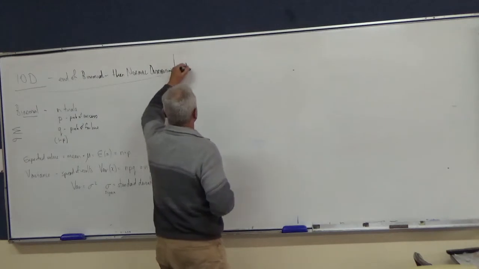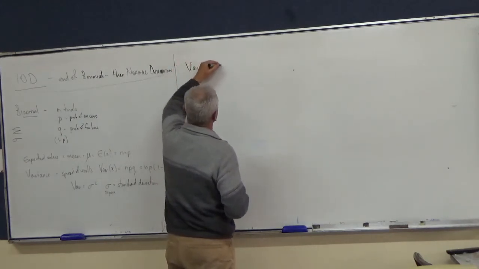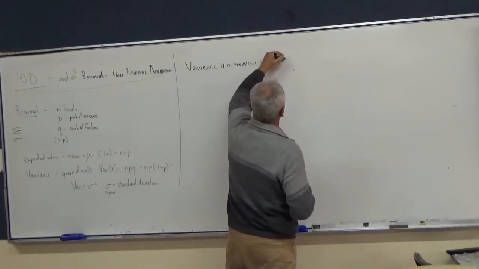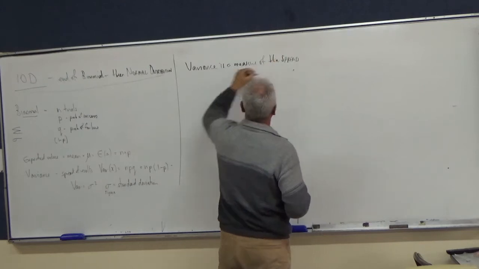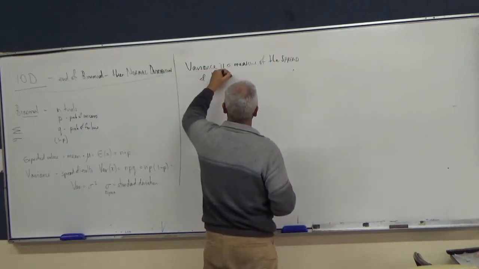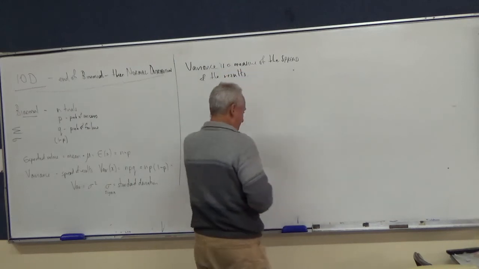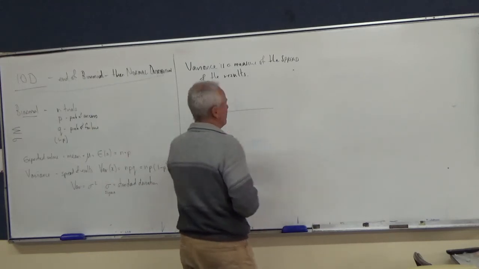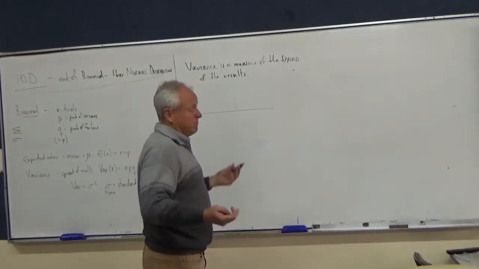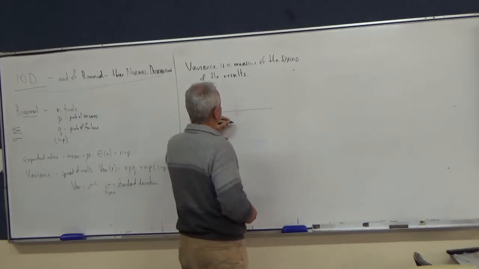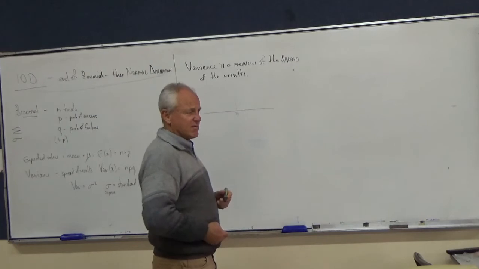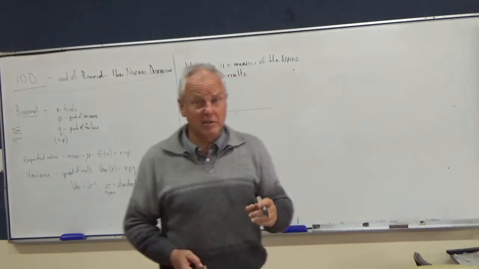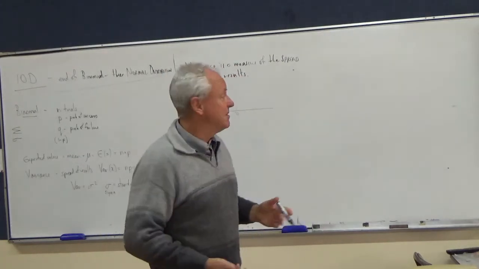So variance is a measure of the spread of the results. For example, let's stick with Conica, we expect her to get 70. If she had 100 shots at the target, we'd expect her to get 70 hits.